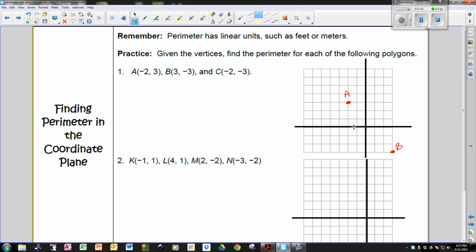And -2, -3. So now I'm going to connect them. So there. And I will fix AC because it is a little crooked. All right, there we go.